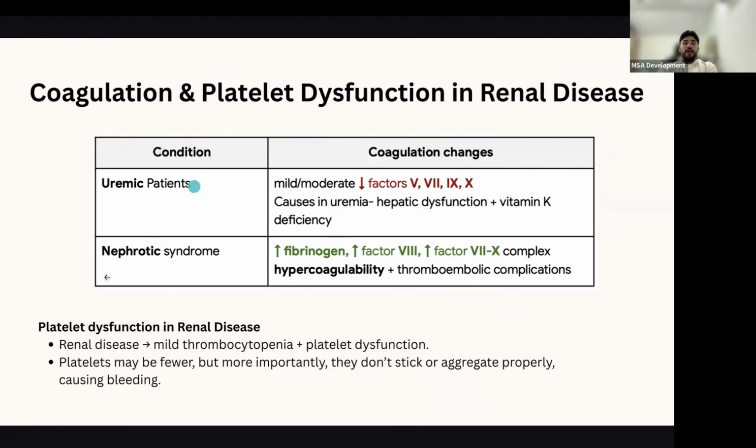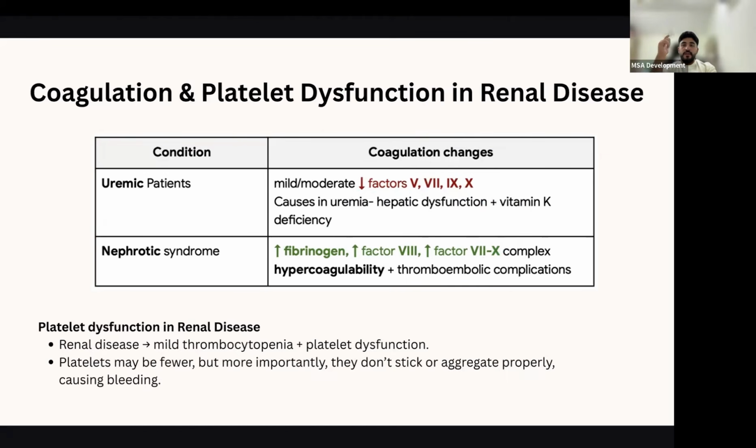Now, you will also happen to have some coagulation dysfunction in renal diseases. So if the patient is uremic, okay, they will have fewer factors 5, 7, 11, and 10. All right. This will cause what? This is usually seen due to hepatic dysfunction or due to vitamin K deficiency. Like, what are the factors that need vitamin K?